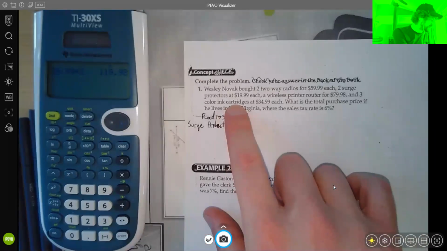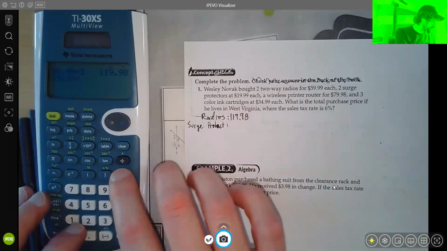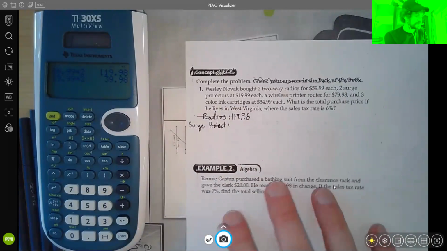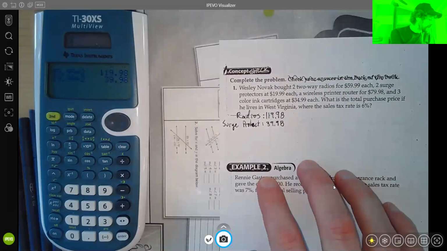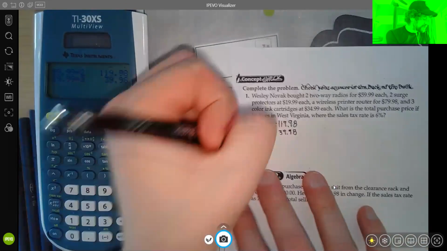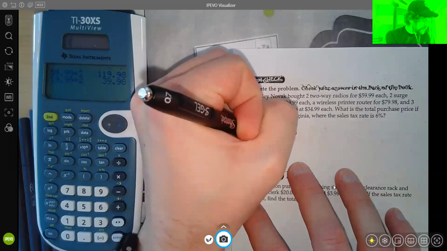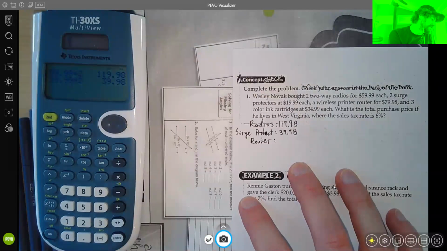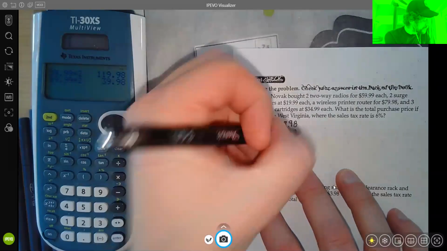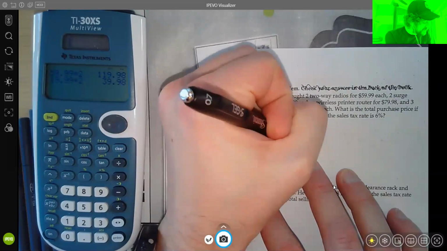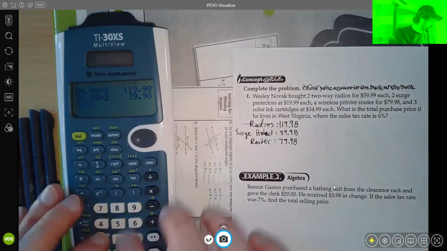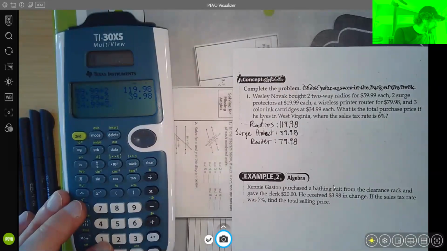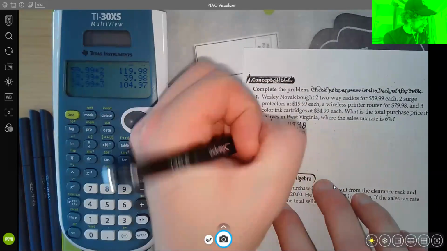There were 2 of those at $19.99 each. $39.98 for the surge protectors. A wireless printer router. I don't know what a wireless printer router is. Those are like 2 different things. $79.98 for that. 3 color ink cartridges at $34.99 each. So $34.99 times 3. $104.97 for ink.